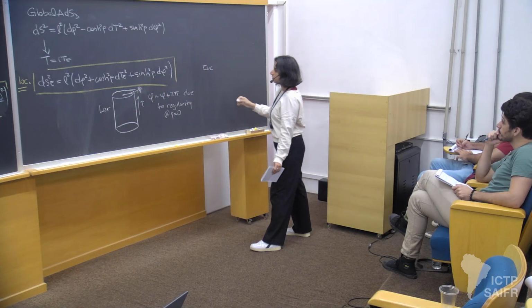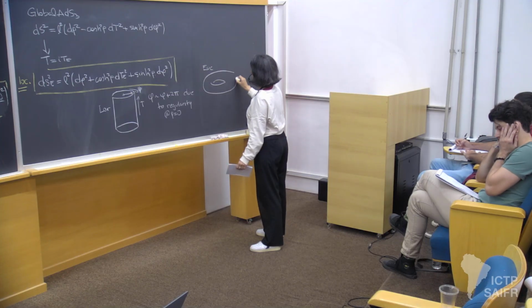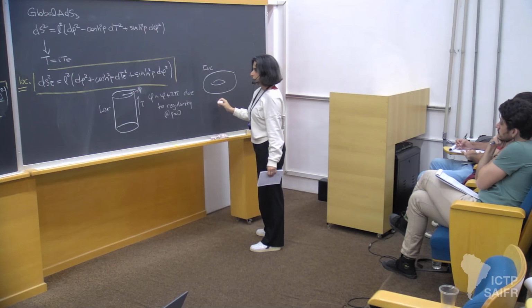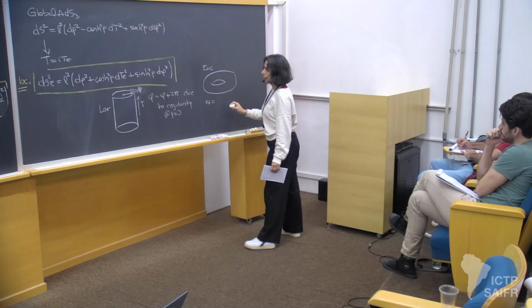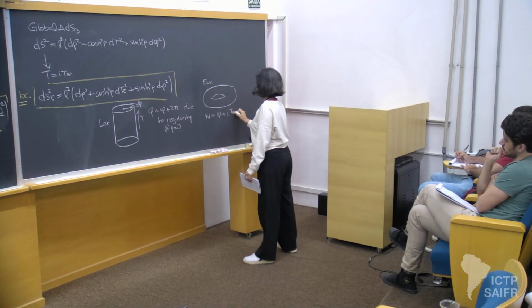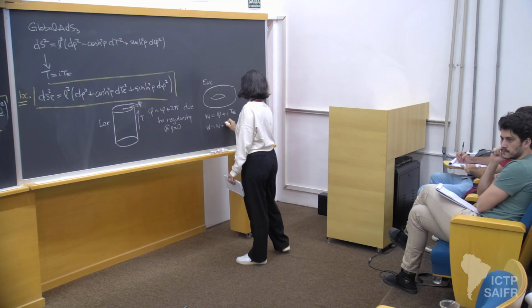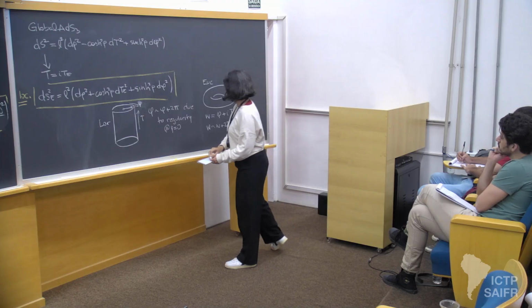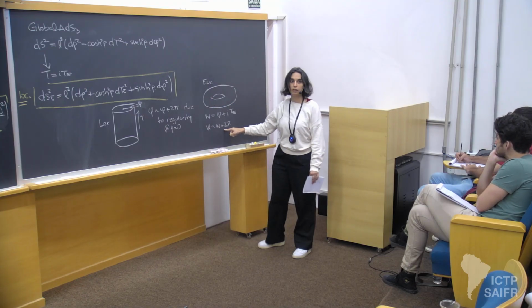And so in Euclidean signature, I can draw global AdS₃ again as a solid torus. I will define a w here that will be phi plus i times Euclidean time. And this w will have periodicity 2 pi coming from phi. Which direction will that be?